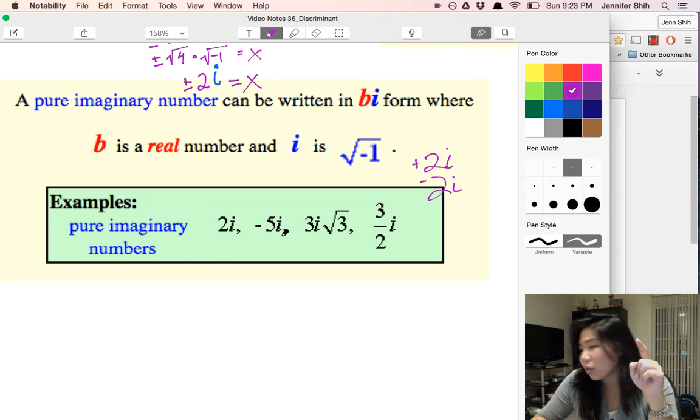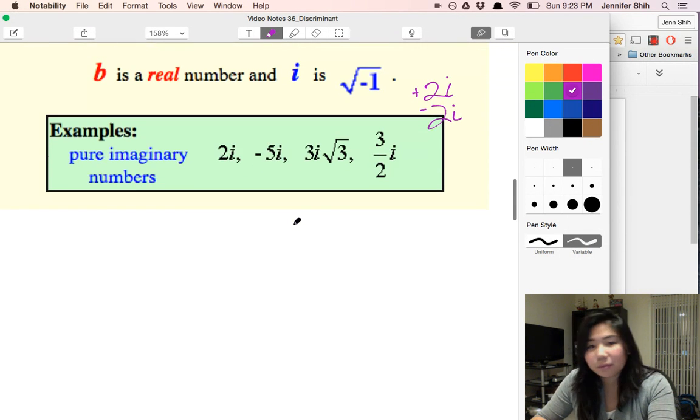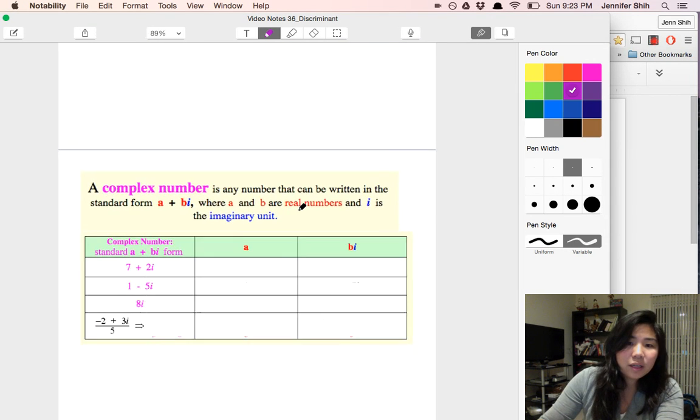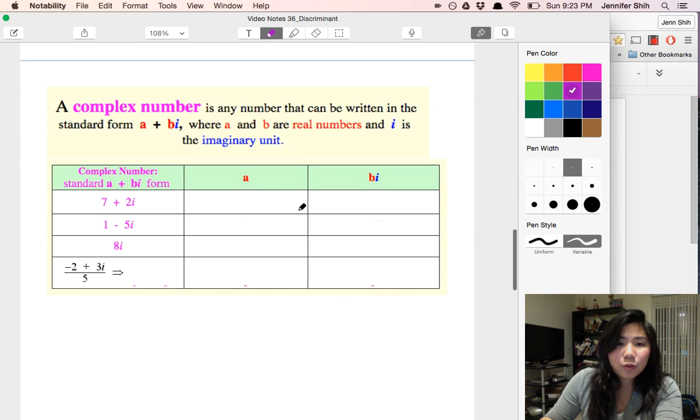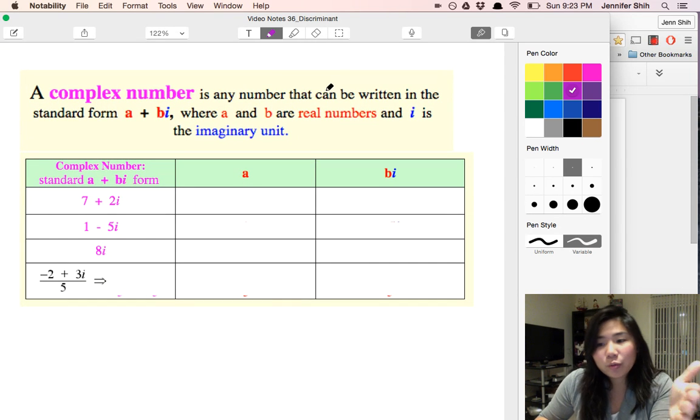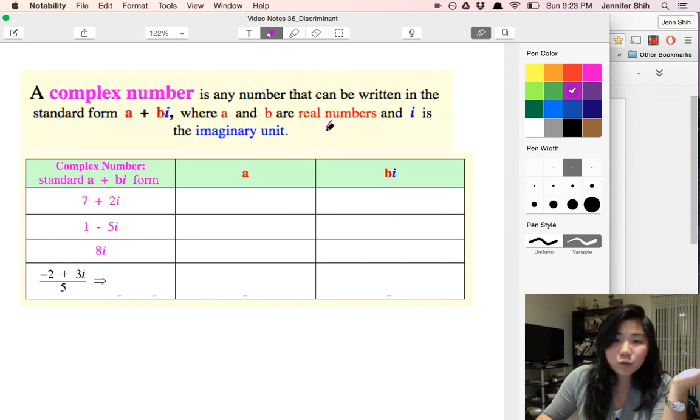Okay, but sometimes we have these things called complex numbers. Let's scroll down. A complex number is any number that can be written in the standard form a plus bi. a and b are going to be real numbers. Like I said, that means real numbers.